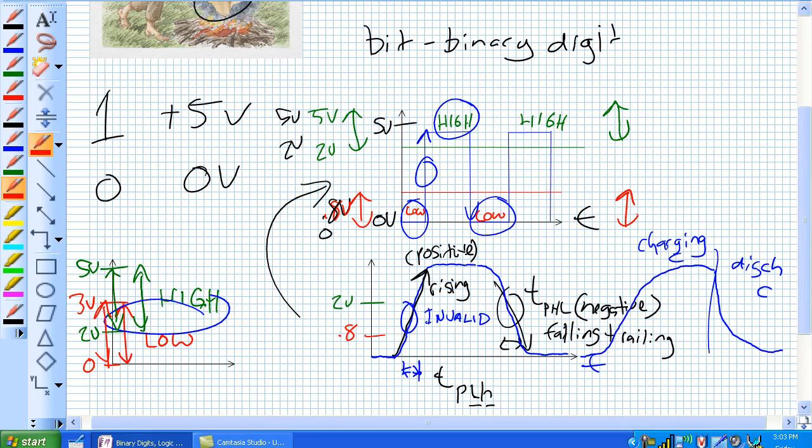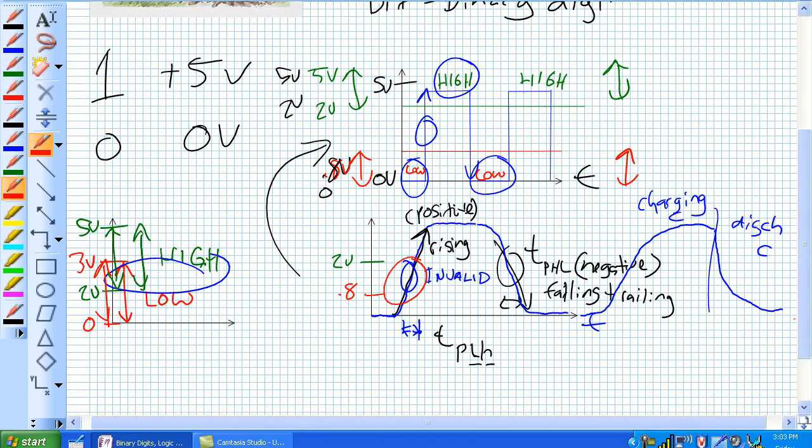And again, for a practical circuit, these waveforms do have a transition time that is measurable. And your job is to make sure that the transition time between low to high and high to low is as minimum as possible. Okay? And TPLH, TPHL, these are all things on a data sheet that you'll see.